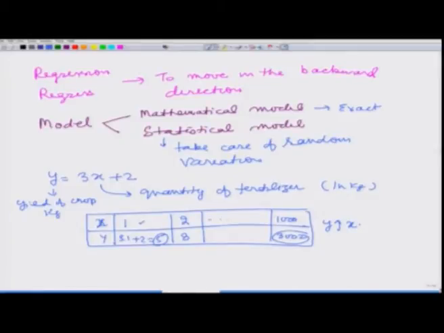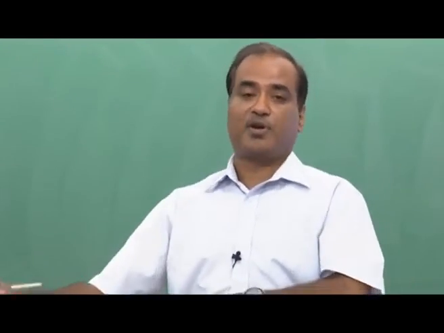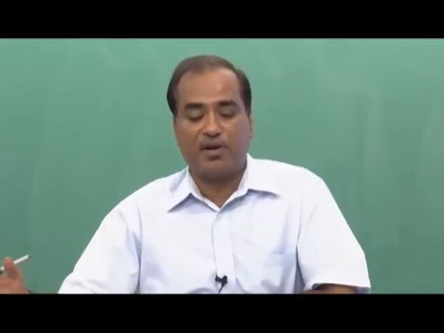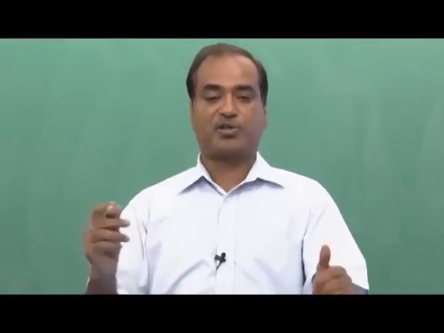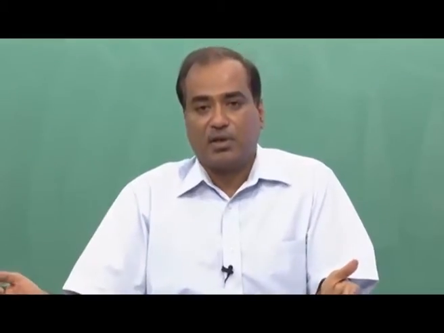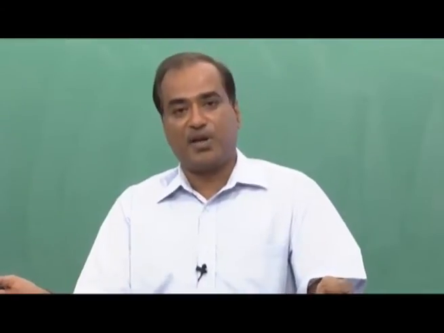Now, let us see the statistical interpretation. We know from our common experience that whenever we take a particular size of plot and put 1 kg of fertilizer, there is no 100% guarantee that I will get exactly 5 kg of yield.